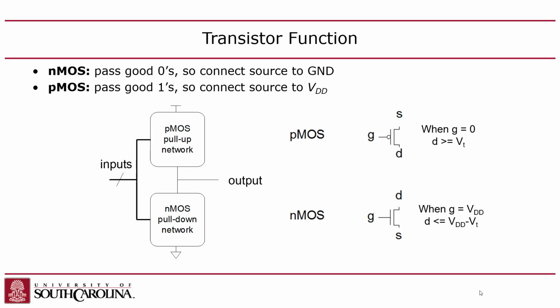That's because the NMOS transistors are more efficient at pulling down. They pass zeros better, and the PMOS pass 1s better. Now the reason has to do with the fact that, remember I mentioned that in a PMOS transistor, it's not really a 0 that turns it on.